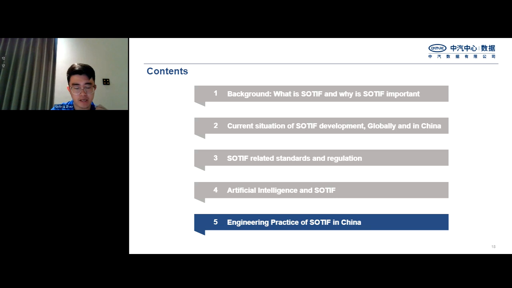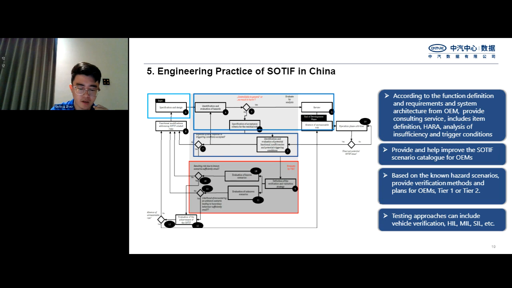Yeah, and the last part is about the engineering practice of SOTIF in China. This is more about our current project progress. So now we can talk more regarding the general procedures of SOTIF.